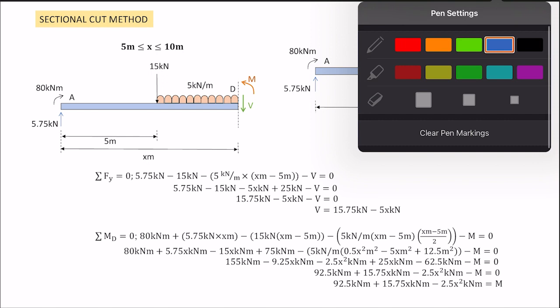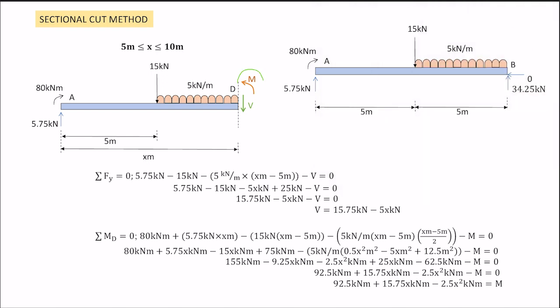Next, we will find the equation for the moment. So we're going to take the moment at D. You have the moment here, put it in your equation. And it is clockwise, therefore positive. You have 5.75 going to D, clockwise, positive. And the distance is X meter.